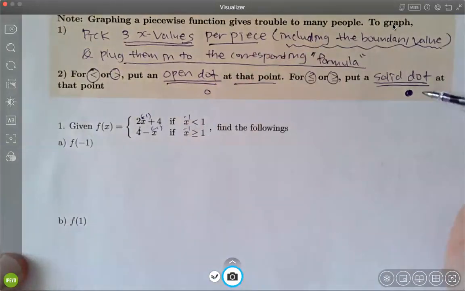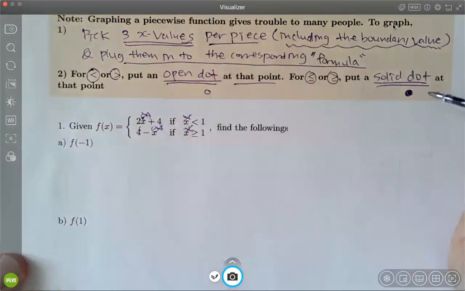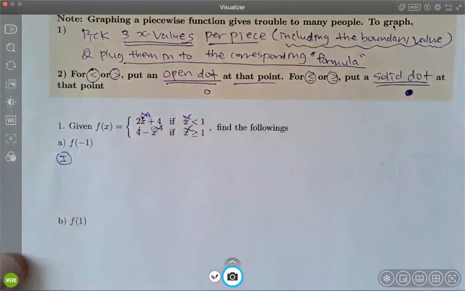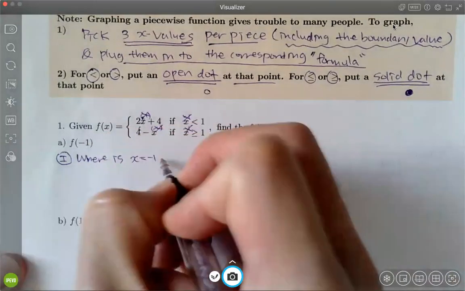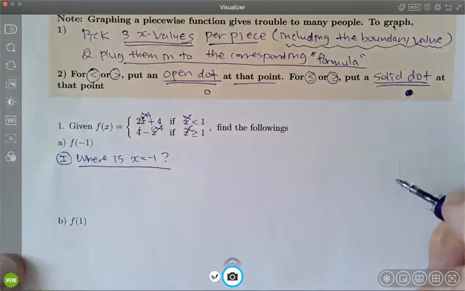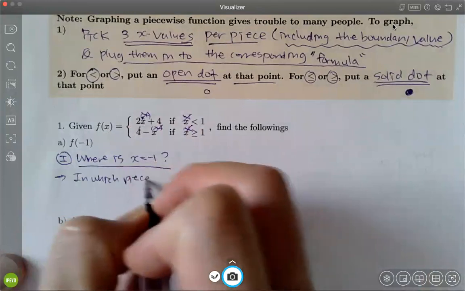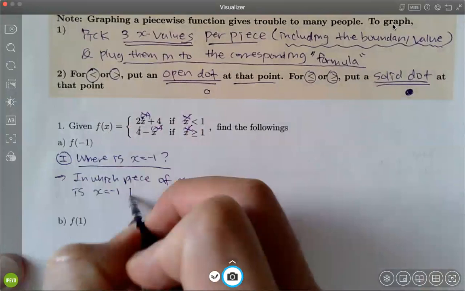No, because for the piecewise function, what you have to ask yourself is, where is that -1? That must be the first step. In other words, in which piece of x does x equals -1 belong?